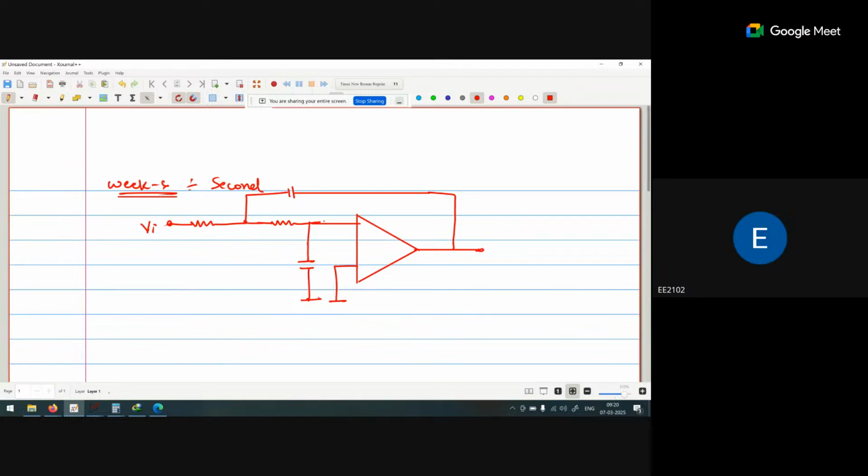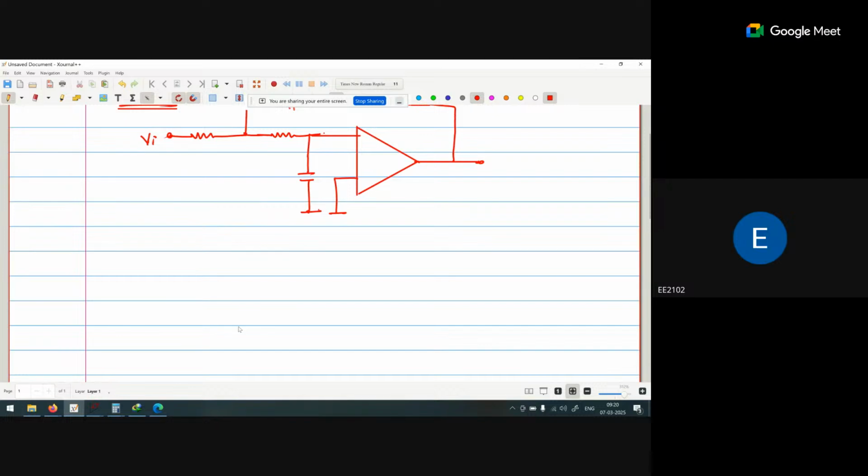If I go with the second circuit, so the op amp, capacitor, capacitor, resistor, resistor, V naught, ground.